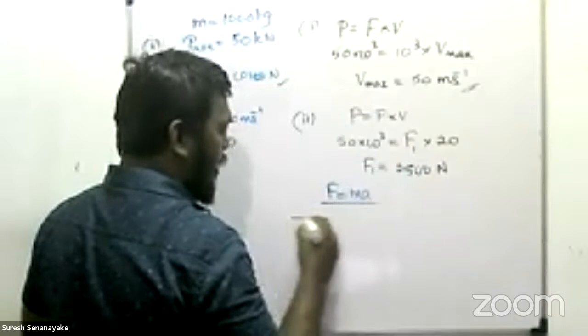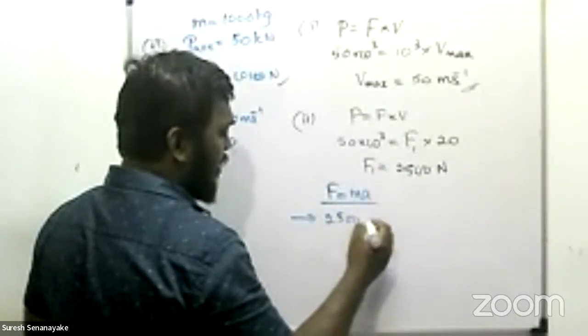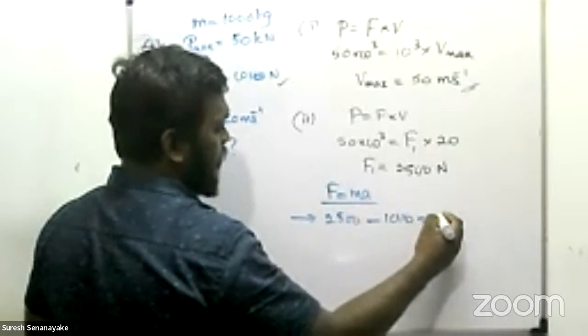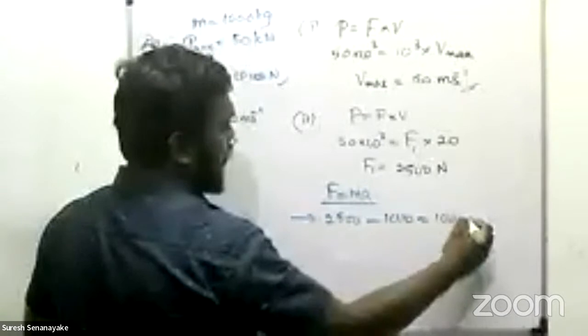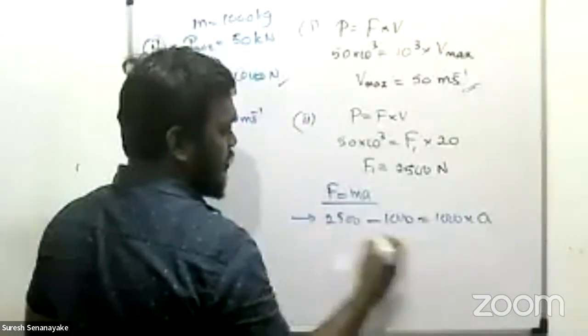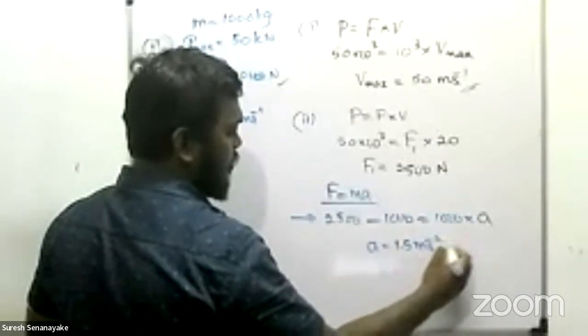And the force applied by the engine is 2500, and friction, the opposite, is 1000. Mass is given as 1000 kilograms, and then acceleration is 1500 divided by 1000, so it is 1.5 meters per second squared.